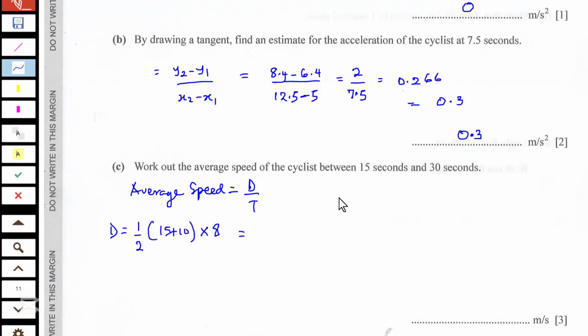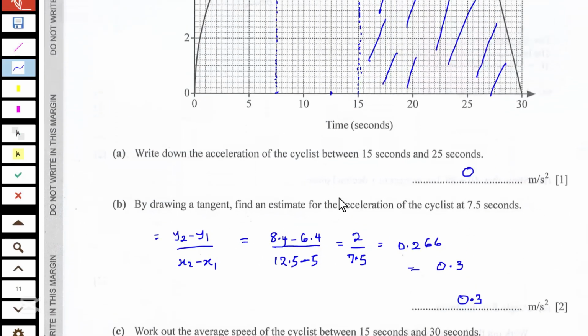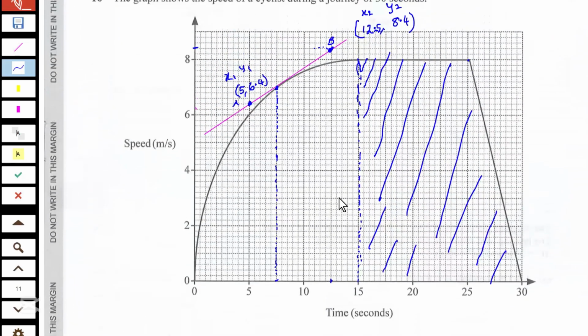Okay, now let's go back to the diagram. Now, the height of this trapezium, on the y-axis, you can see 0 to 8 is the height of the trapezium. Okay, and the length of the two parallel sides, from this point to this point is going to be what? 25 minus 15, and that is 10.